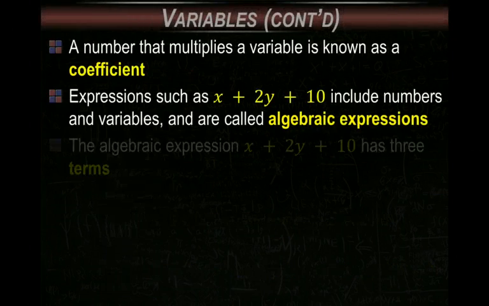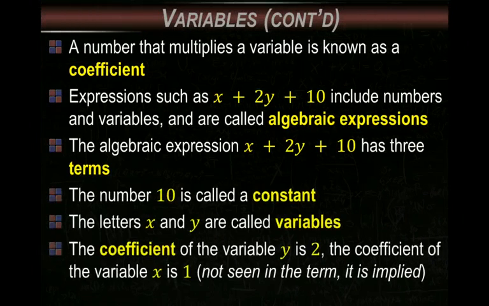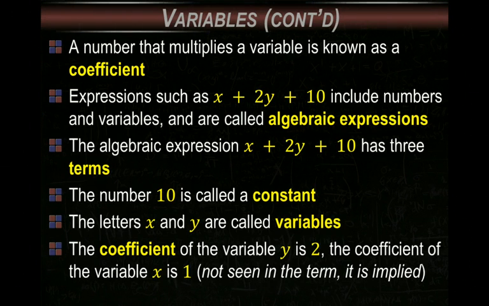Okay? Now, another term you should be familiar with is the term coefficient. A coefficient is the number that's being multiplied by a variable. So in just this 2y, 2 is the coefficient. We'll talk more about that in a little bit, okay? As well, you should also be familiar, and again, we're going to talk about this more later, that this is called an algebraic expression.